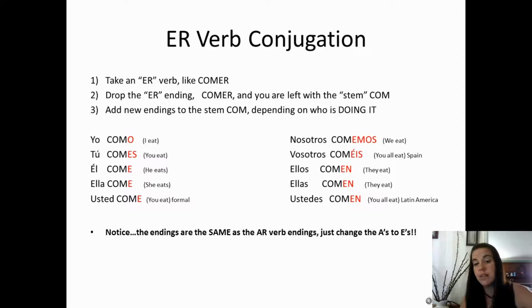Ellas comen, they eat, when you're talking about just girls. Ustedes comen, you all eat. If you haven't noticed, the ER verb endings are exactly like the AR verb endings, except instead of A's, you use E's. O, es, e, emos, éis, en.